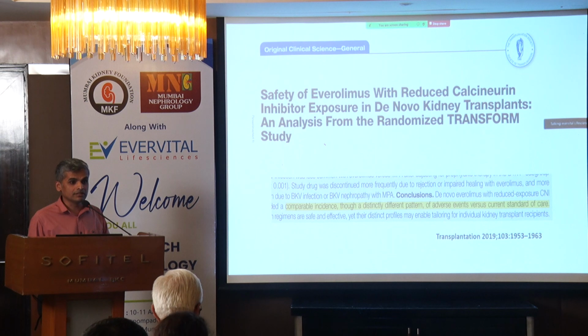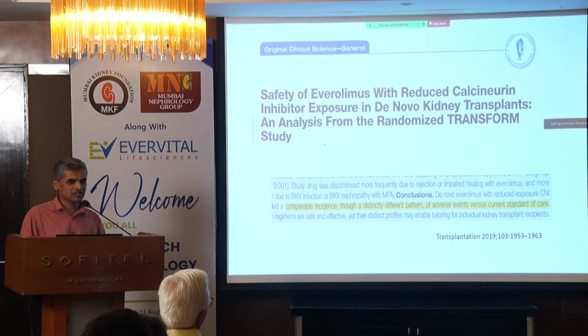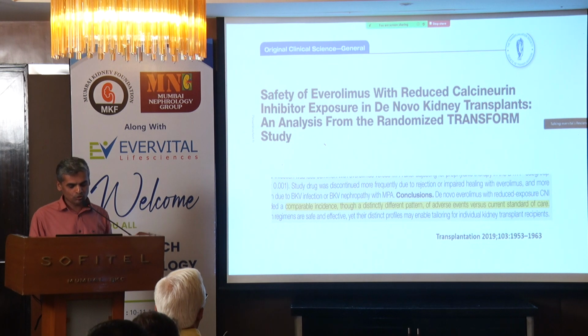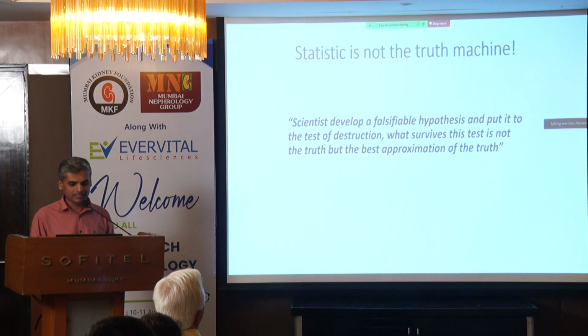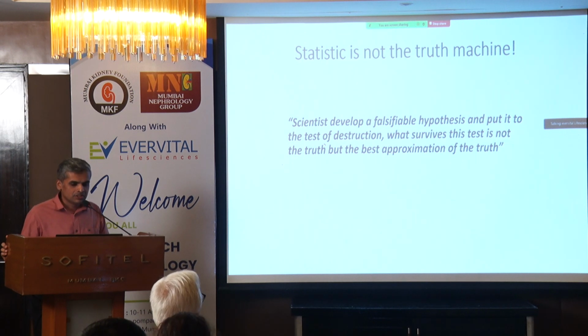The same is true with the TRANSFORM trial: comparable incidence, though a distinctly different pattern of adverse events. So there is no clear mention of the unequivocally higher incidence of side effects in the patients treated with the intervention drug. So you have to remember that statistics, although important, is not a truth machine.